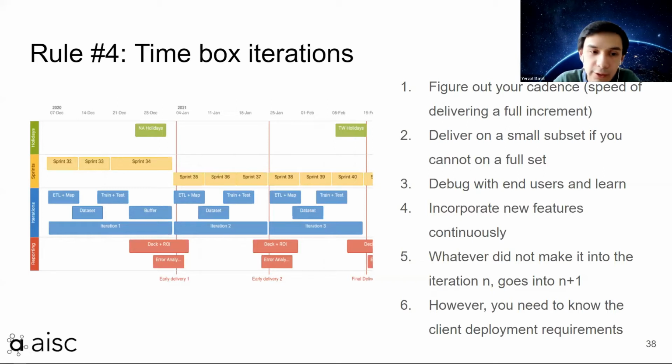This is what we learned, and we incorporated new features continuously. Whatever didn't make it into, for example, early delivery 1, say we're in the middle of analyzing how to incorporate a feature into the pipeline, just goes into iteration 2. Whatever didn't make it into iteration 2 goes to iteration 3.